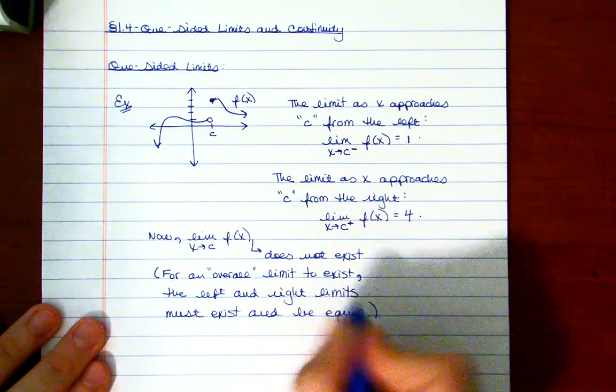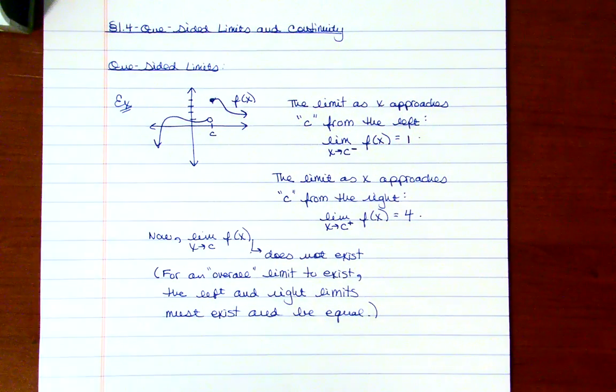So that limit that I gave you over here couldn't exist because I was approaching different values from the left and from the right. For an overall limit to exist, the left and right limits must exist and be equal.